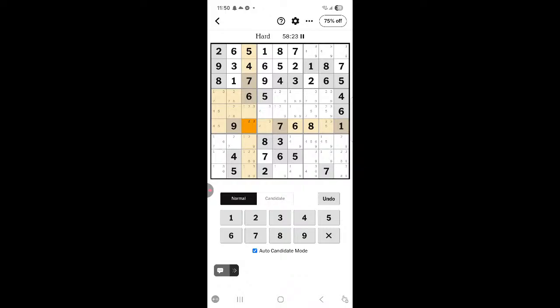Okay, so if 8 must be in this, it can't be elsewhere in the box, so it has to be there. That's good.